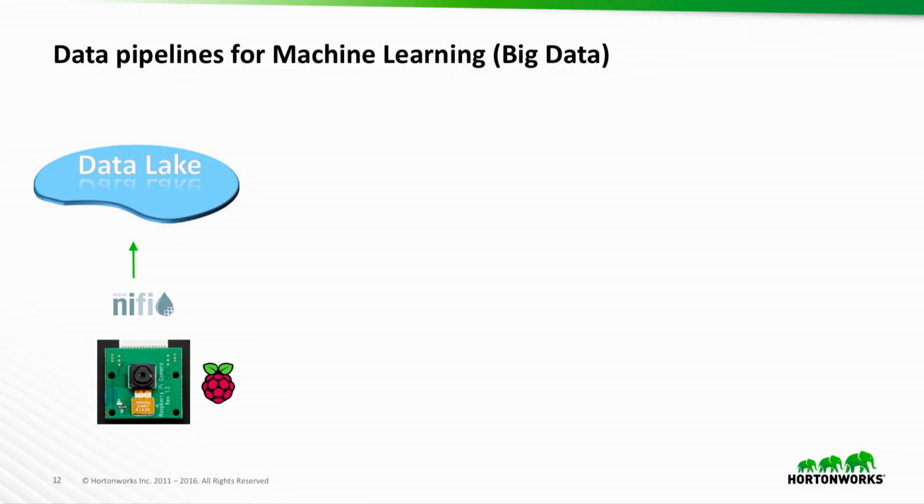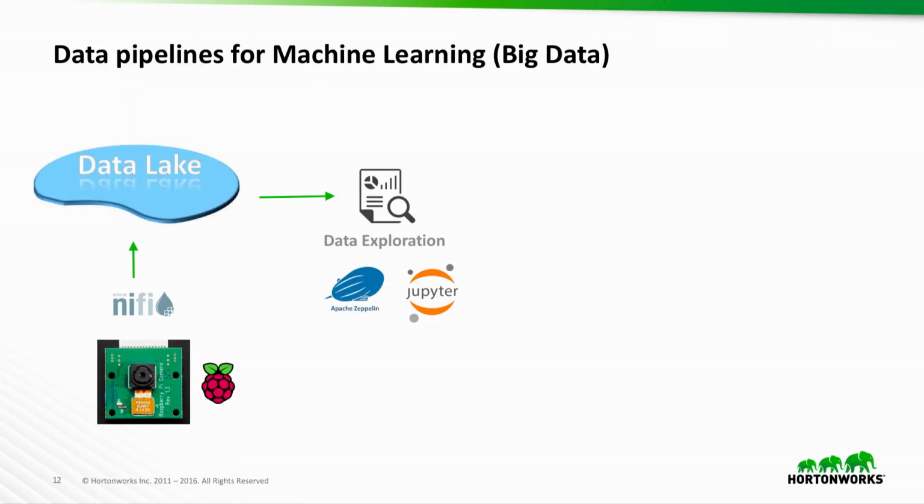The data lake may also have other data, for example, the user log. And the data scientist can use Apache Zeppelin or Jupyter to do data exploration, to print some histograms and other things to understand this data.